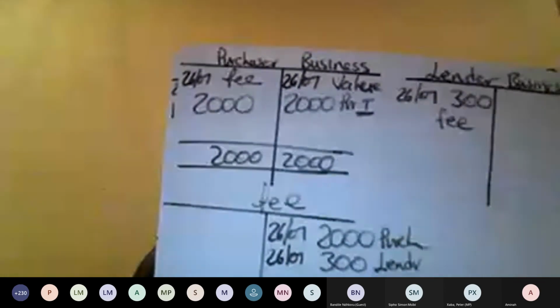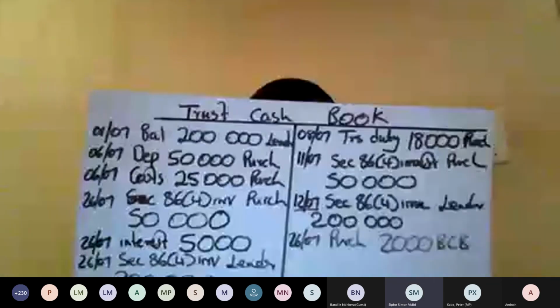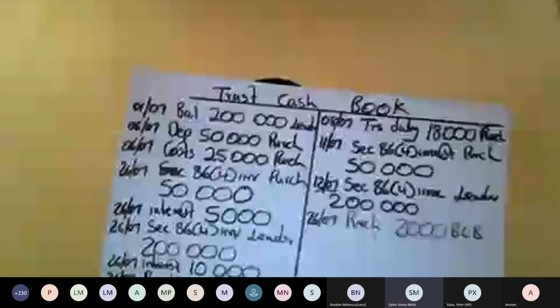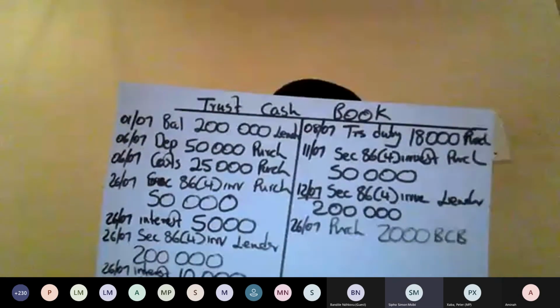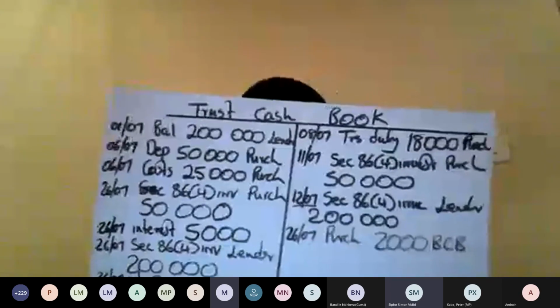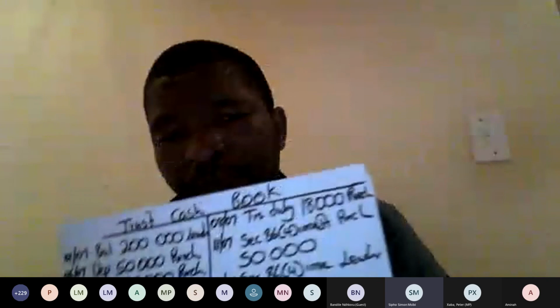In other words, you are making a payment from your trust cash book, with 2,000 rands. And then who are you going to credit? Sorry, who are you going to debit? Business account. You debit the business ledger.